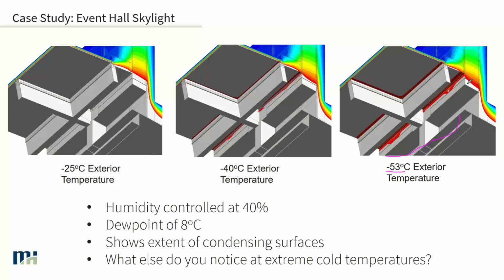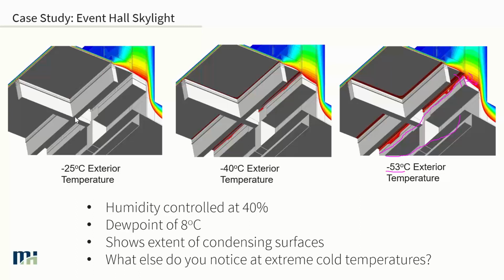So the big thing here really is that it's starting to form not only on the glazing systems, but on some of the detailing, the wall sections as well. This may potentially be a steel stud bracket here, and it may be that it's not fully insulated enough, especially at this joint, that is causing these temperatures along the backside of this wall to now also start hitting below the dew point.